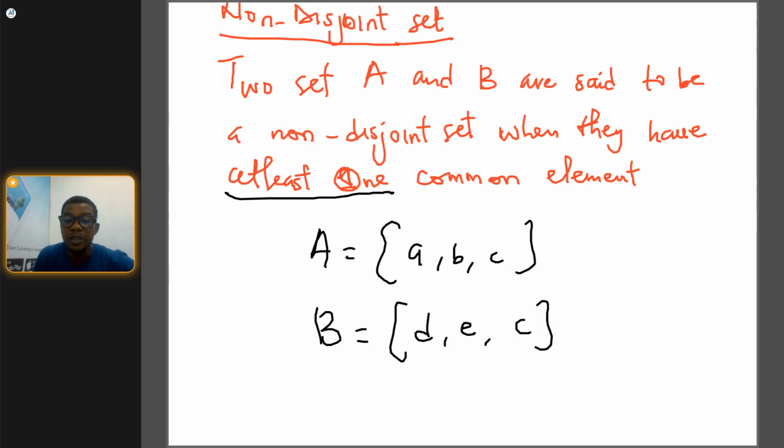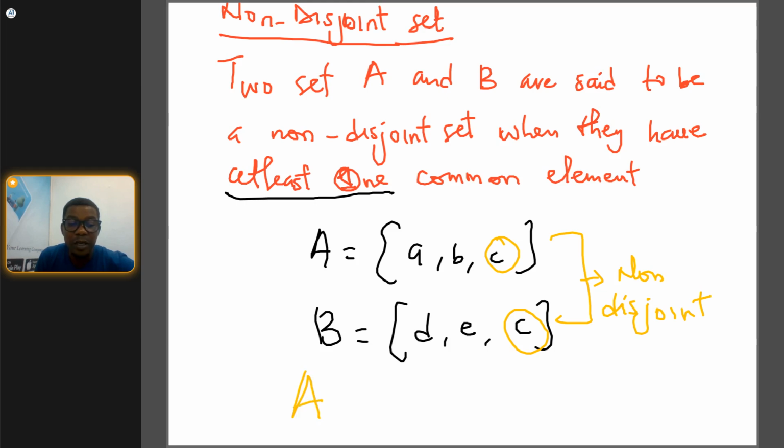When you check these two given sets, you discover that we have a common element. C is in set A, and also C is in set B, which implies that both sets are non-disjoint, because at least one common element exists.